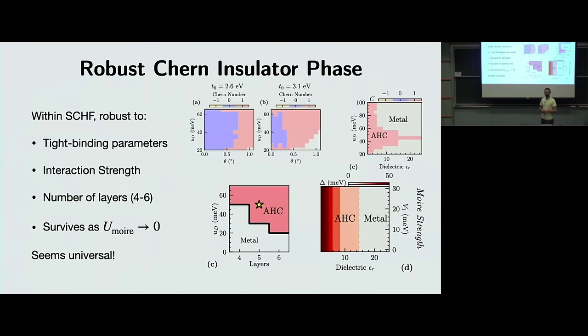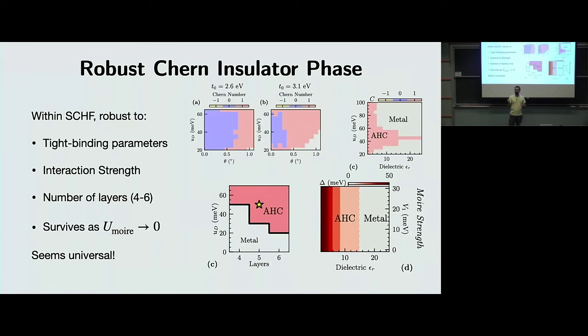And in keeping with our idea that we should be searching for universal physics here, we basically tuned every parameter we could think of, and in the face of all of these, this phase survives. For instance, it's very unclear what the right Fermi velocity to consider is here, so we changed the in-plane hopping by 500 meV, and we find that the phase diagram shifts a little, but the phases survive.